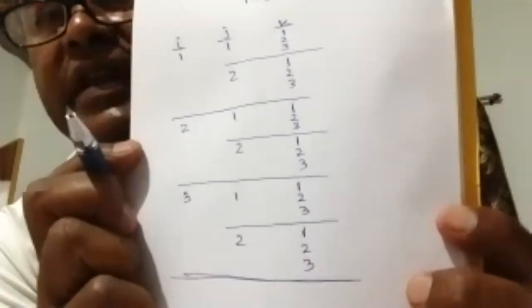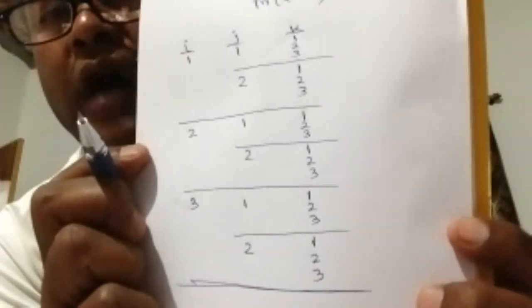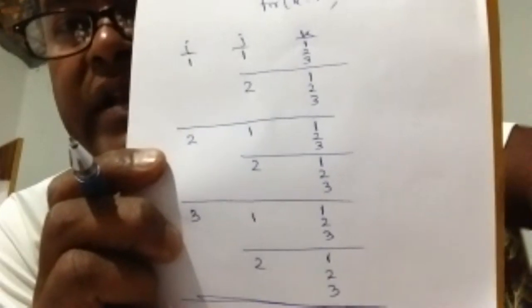How many times will it repeat? 3 3s are 9, into the maximum values: I equal to 3, J equal to maximum 2, and K equal to maximum 3. So 3 3s are 9, 9 into 2, how much? 18. You count, 18 is there.